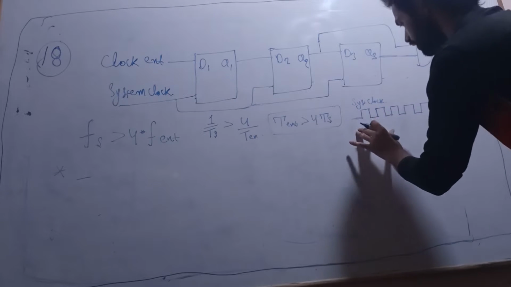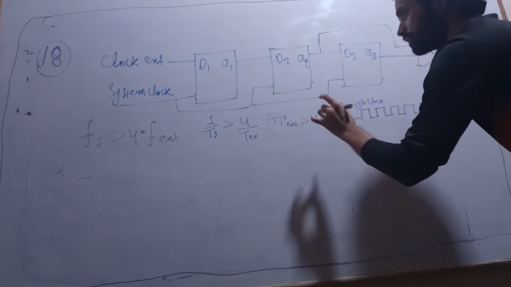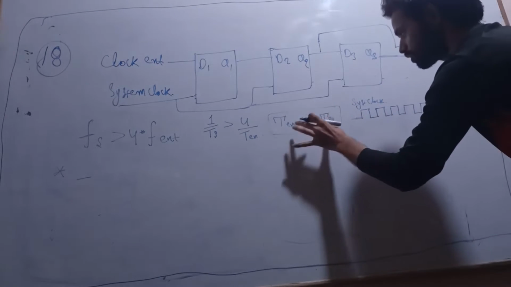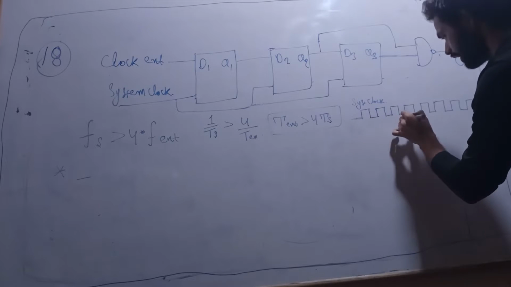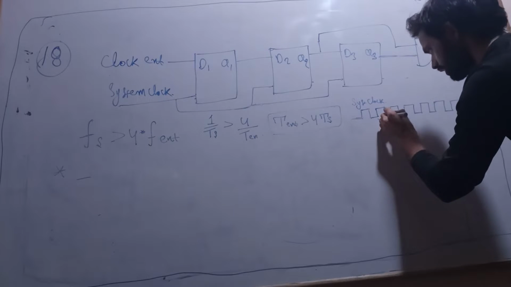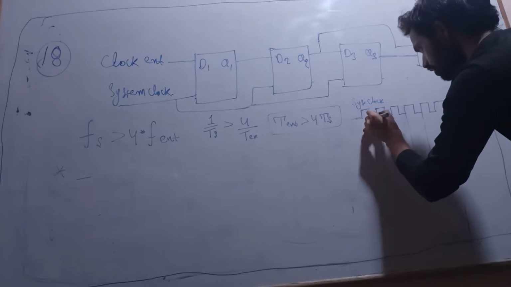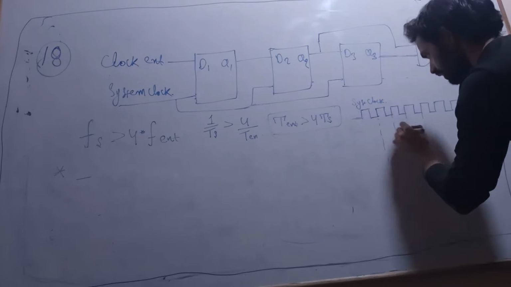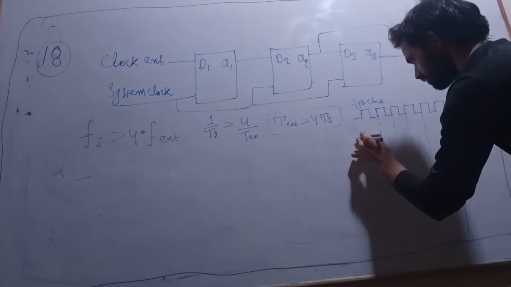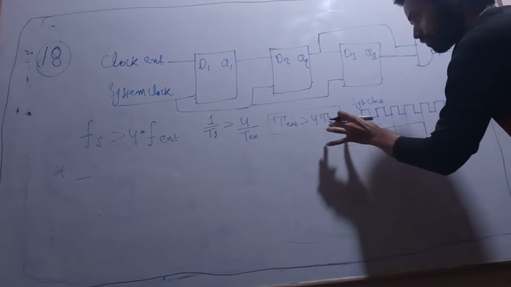Now for the external clock frequency, this is 4 times. The time duration for the external clock is this: my first cycle, second cycle, third, fourth. So it is 4 times the system clock.